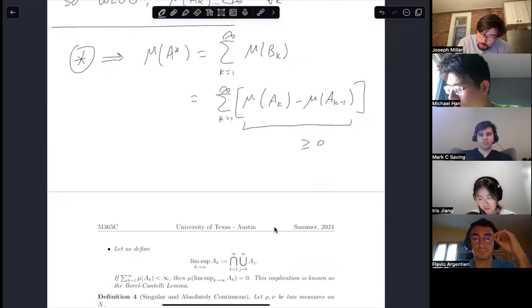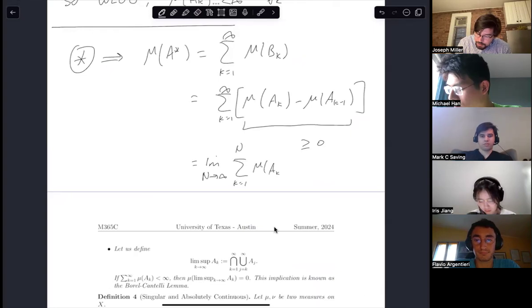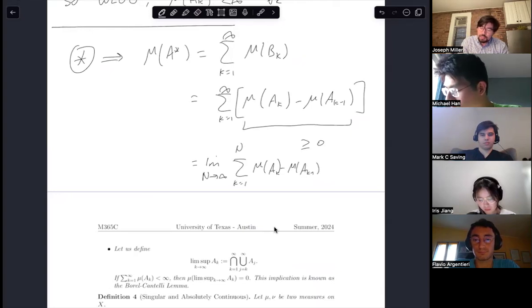Okay, so what I can do now is write this as the limit as n goes to infinity, by definition of an infinite series, of the sum of mu of AK minus mu of AK minus 1. But I notice that it telescopes. When I go from k equals 1, this is A of 0, which is 0, and then minus A of 1, and then I get A of 1 minus A of 2, and so on.